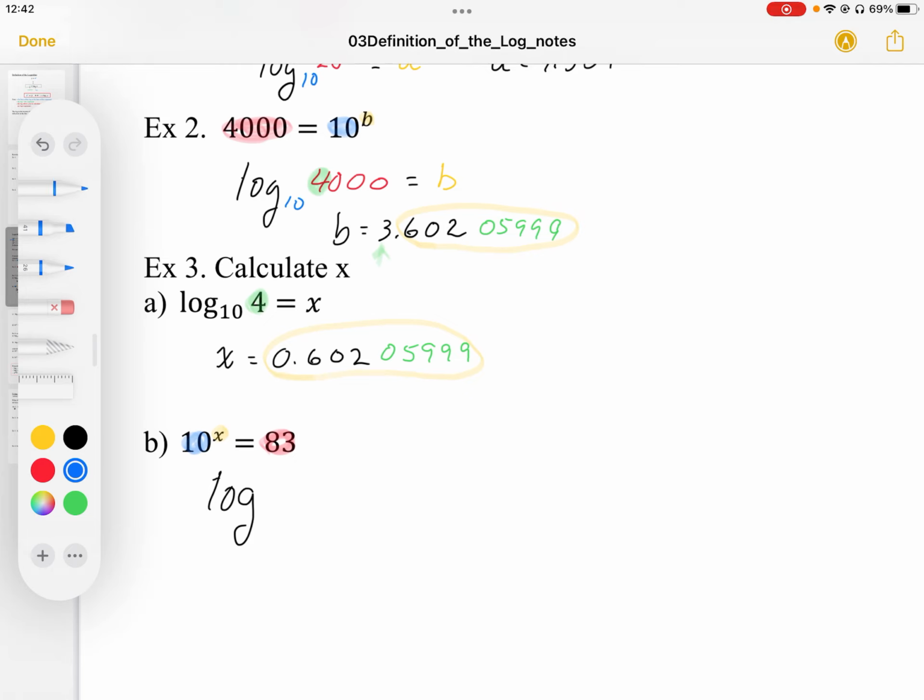So I need to write that into my log base 10. The argument is the answer to the log, and the log always equals the exponent. Okay, and then typing this into my calculator, I get log of 83 is equal to 1.919. So x is equal to 1.919. That sounds about right because 10 to the power 2 is going to give me 100. So we're getting pretty close: 83 is close to 100.